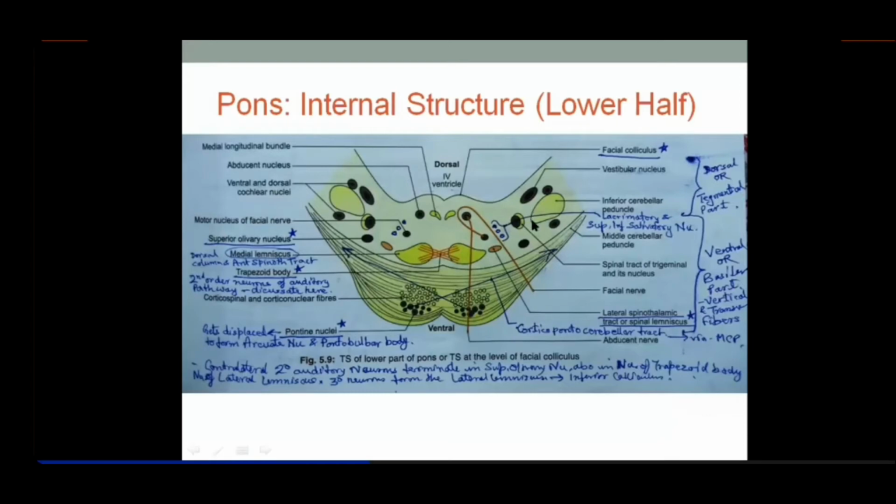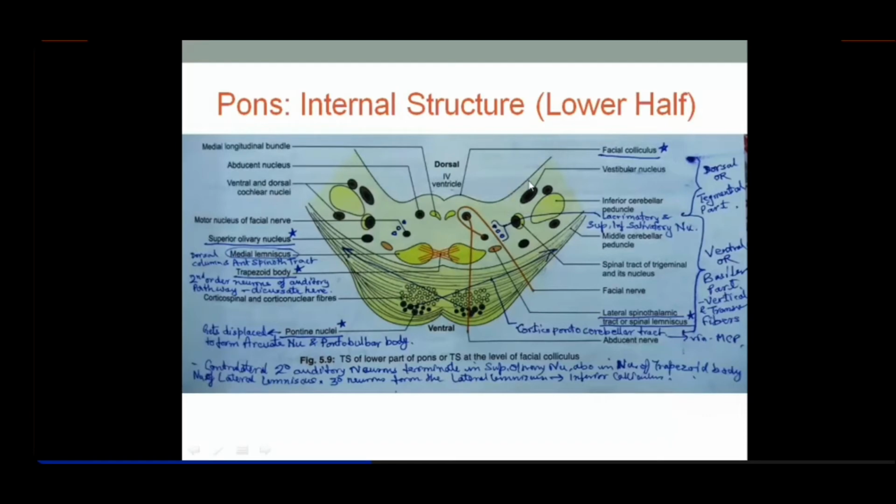In short, you have upper, lower, medial, and lateral segments of this vestibular nucleus. Got it? Also remember that the vestibular nucleus gives an elevation onto the floor of the fourth ventricle.